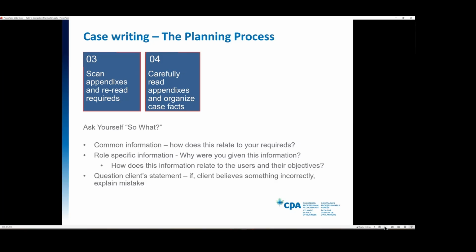When the user makes statements in the case, look at those statements with skepticism, because they might have done something, such as recording revenue recognition incorrectly. If you know they've done something incorrect, then you need to address that, provide your appropriate analysis, and advise them of what they need to do.